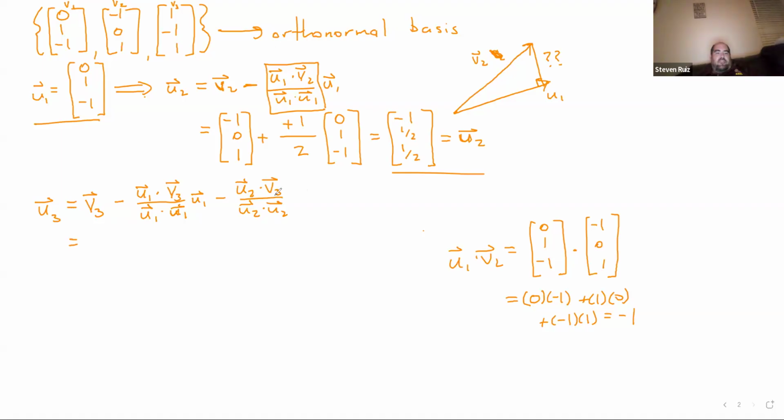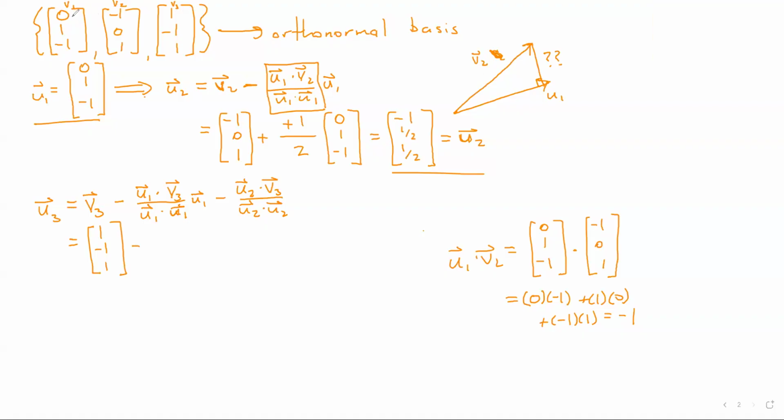So to build U3, here's our template. Now we got to fill in the details. So what is V3? That is 1, -1, 1. U1.V3. So that dot product will be 0 times 1. Can you all see my pencil cursor? Yes. Okay, good.